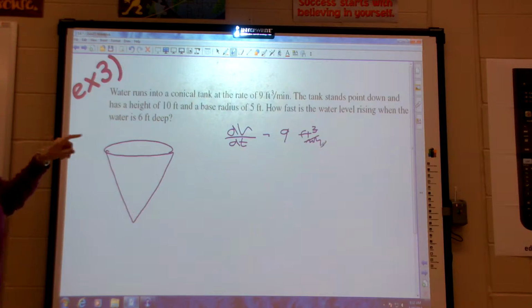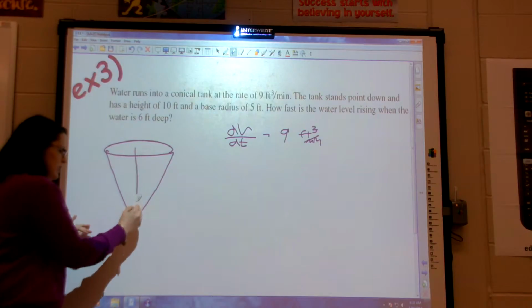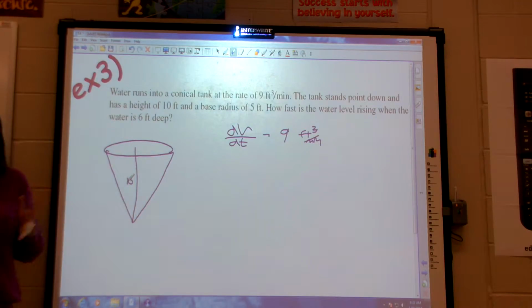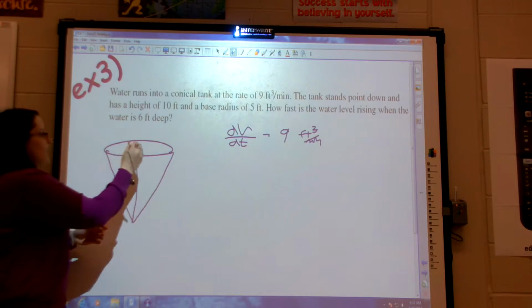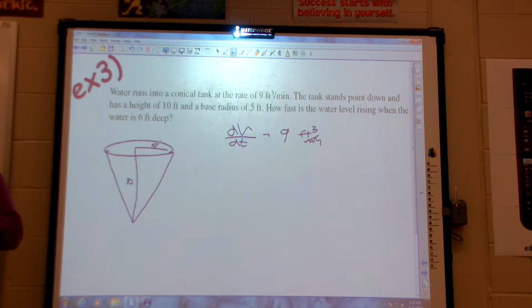The tank stands point down, height of 10. So this is 10. That's not changing. The tank itself is not changing size, correct? So then the radius is 5. That is not changing. Those are constants. I can plug them in at any old time. Now, how fast is the water level rising when the water is 6 feet deep?